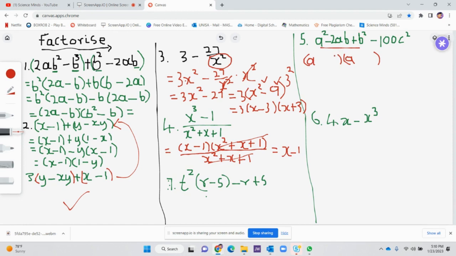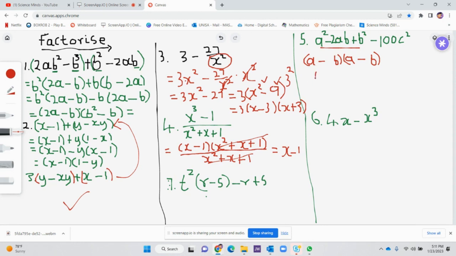Then for B, it's going to be a B and a B. So B times B is B squared. We know that if it's a negative and a positive, this is going to be negative. So A times minus B is minus AB. Minus B times A is minus AB. So minus AB minus AB will then be minus 2AB. All right, so we are happy with this.